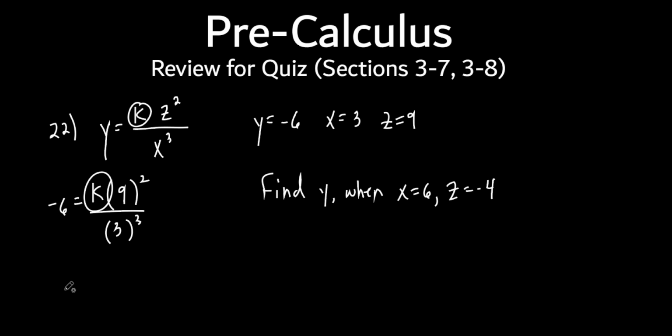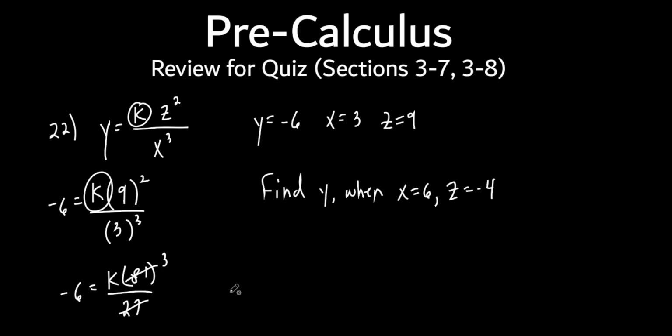All right, so let's do that. -6 equals k. 9 squared is 81. And then 3 cubed is 27. That goes evenly, doesn't it? Three times? Yep. So that goes 3 times.